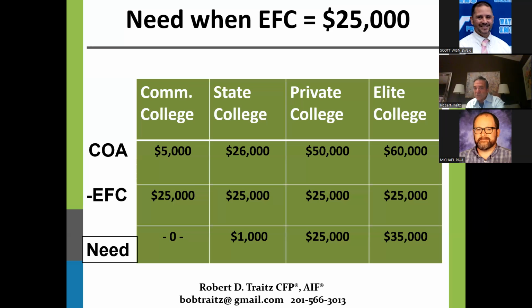But let's look at this screen in a different light. We're still looking at community college, state college, private, and elite. Let's look at it in this light. Look at the elite column. Now, keep in mind, colleges operate for profit. That's why they exist. They don't do what they do out of the goodness of their hearts. They're profit centers.